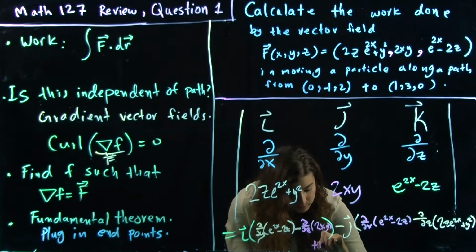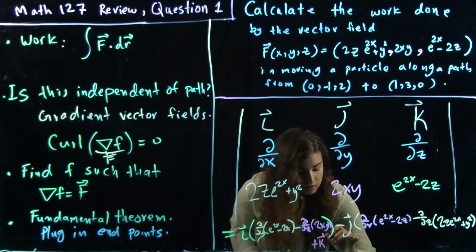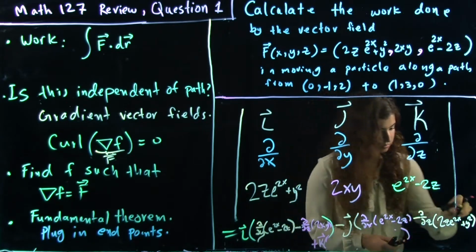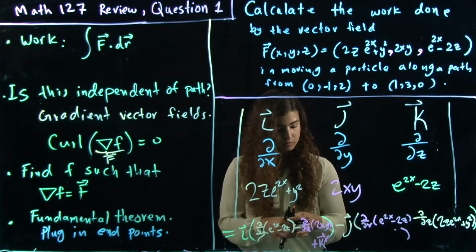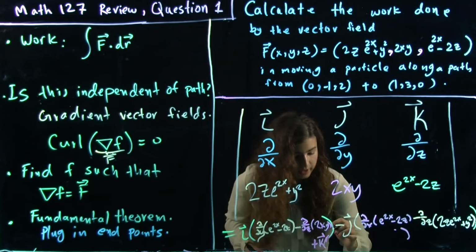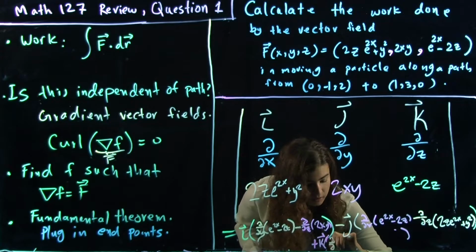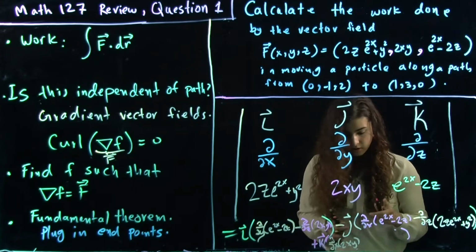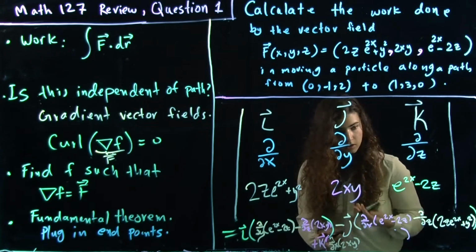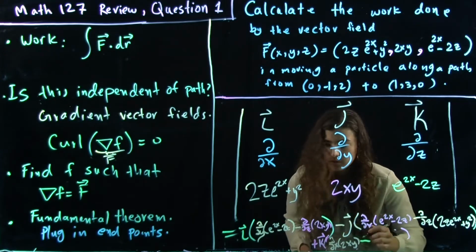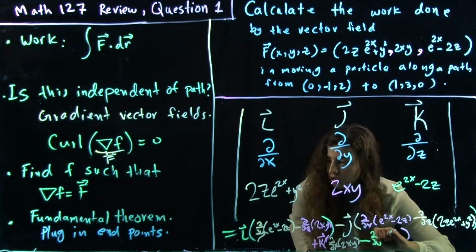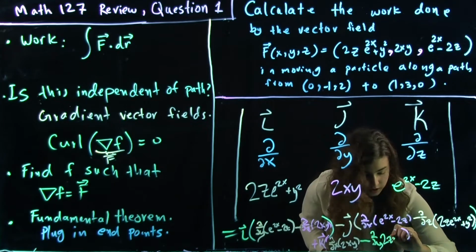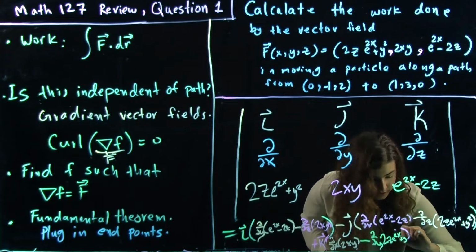So our partial with respect to x of 2xy, minus our partial with respect to y of our 2z e to the 2x plus y squared.